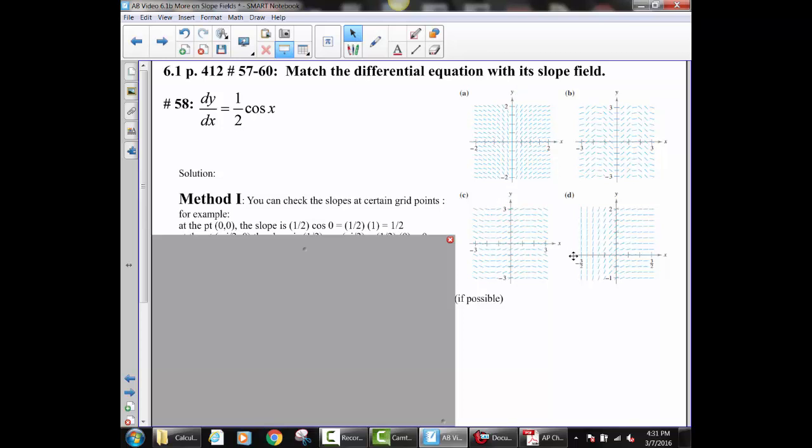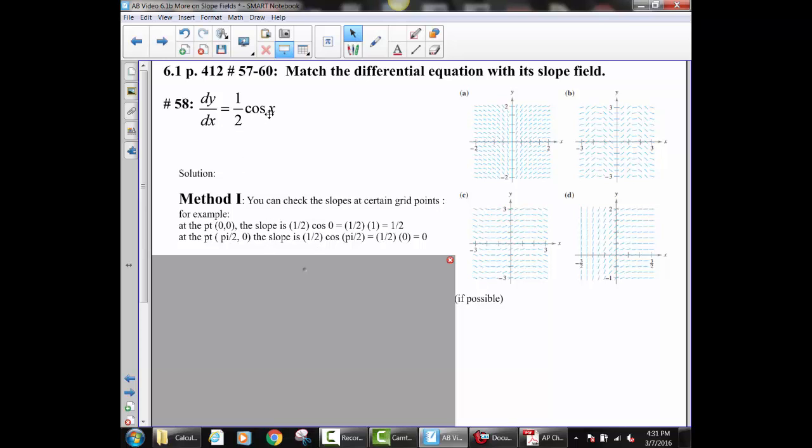So the only options then would be C or D, which at 0, 0 look pretty well the same. Okay. If you have two graphs that have the same, then pick another point. I'm going to pick pi over 2 comma 0, which would be an actual grid point here for a trig function.